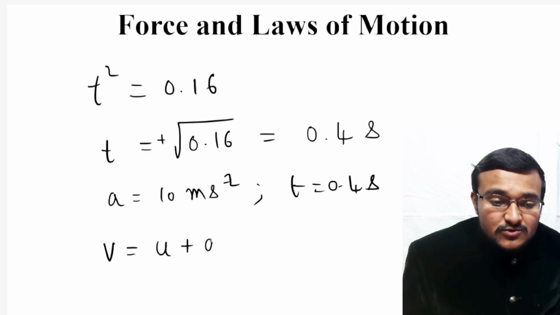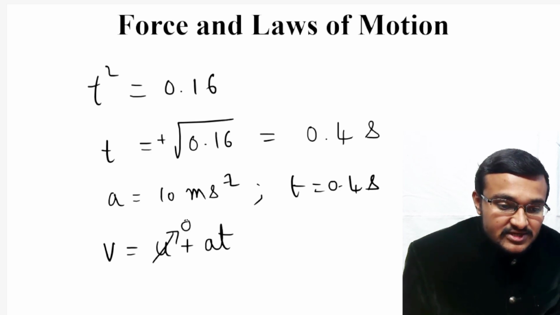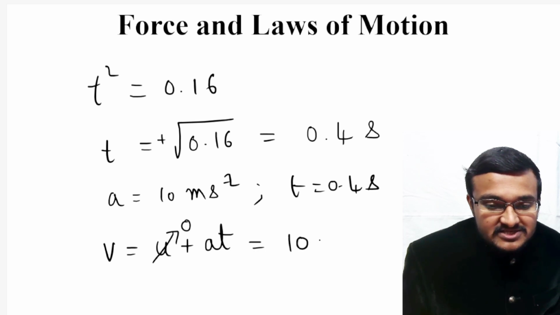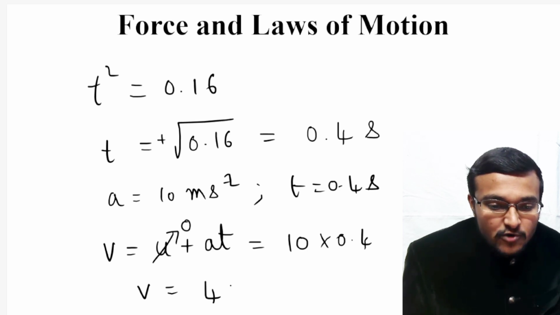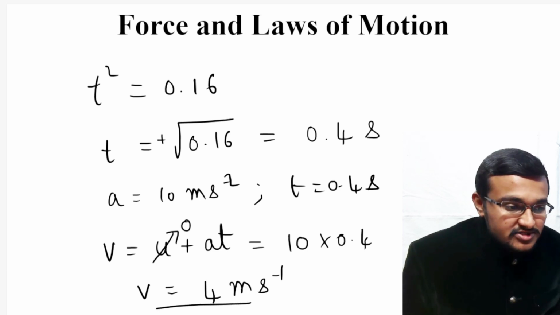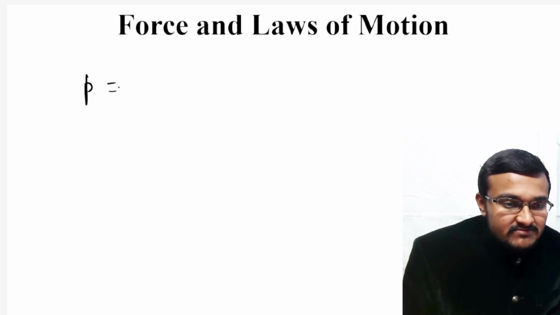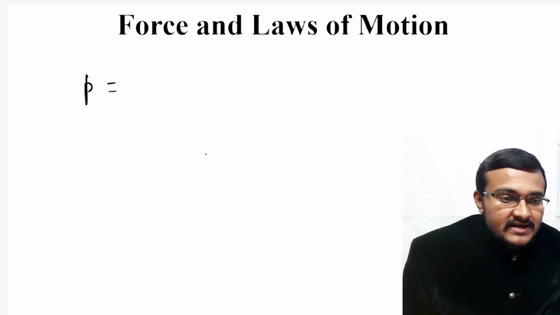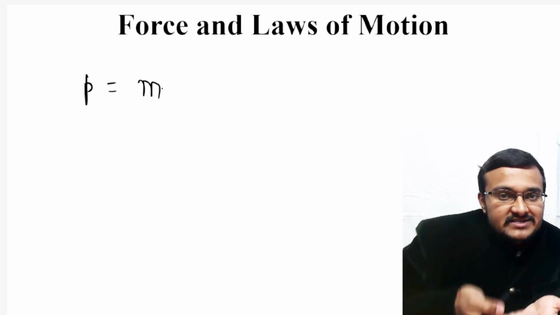The final velocity is equal to u plus at, where u is 0 because initially it was at rest. So at means 10 into 0.4. So v will be equal to 10 into 0.4, that is 4 meter per second. Now you got the velocity. So momentum just before it hits the ground is equal to mass times velocity just before it reaches the ground.